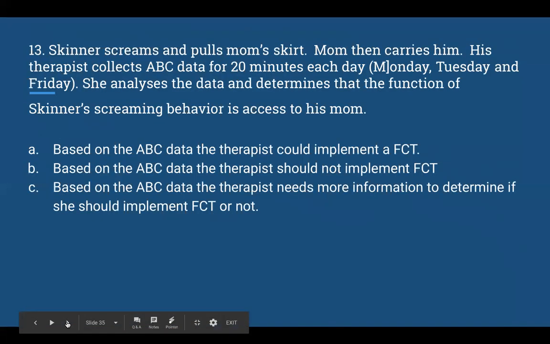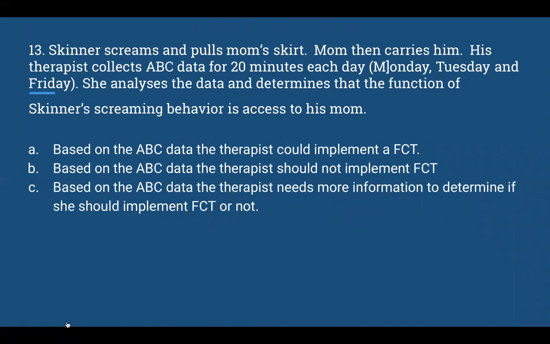Okay, guys. So Skinner screams and pulls mom's skirt. Mom then carries him. His therapist collects ABC data for 20 minutes each day, Monday, Tuesday, and Friday. She analyzes the data and determines that the function of Skinner's screaming behavior is access to his mom.